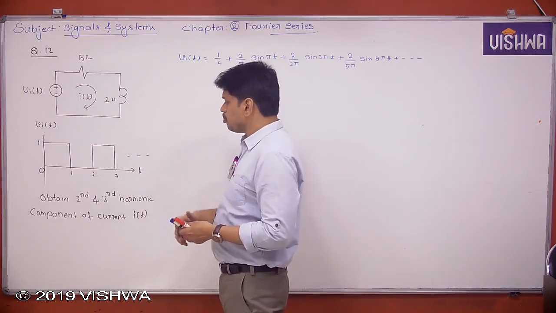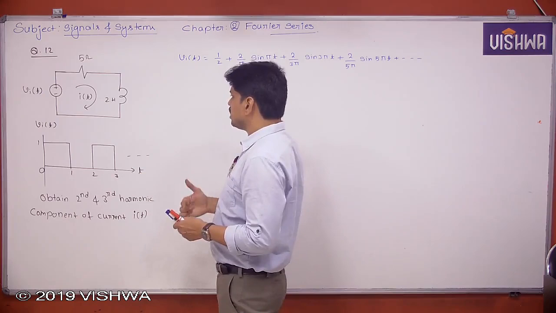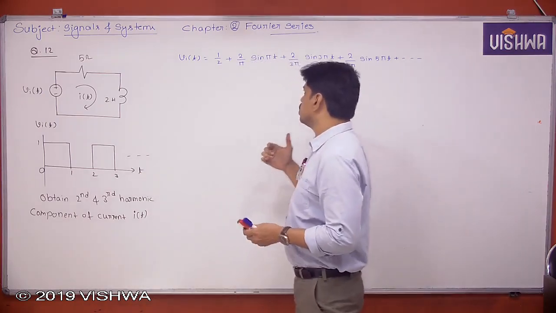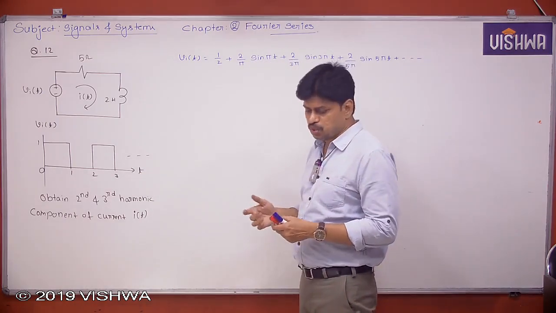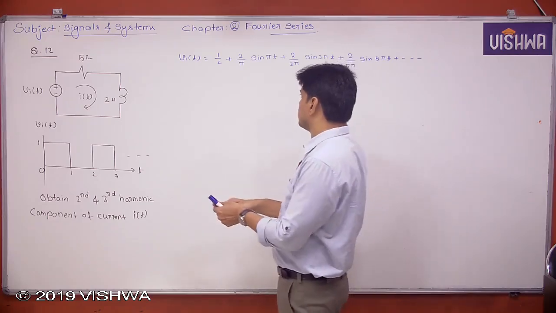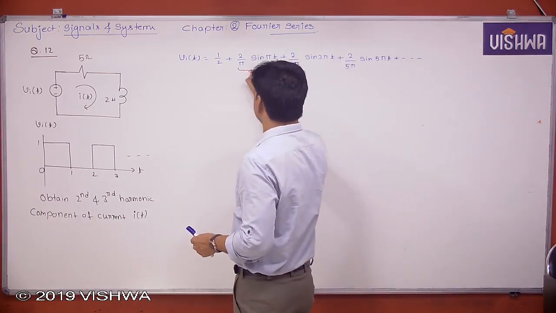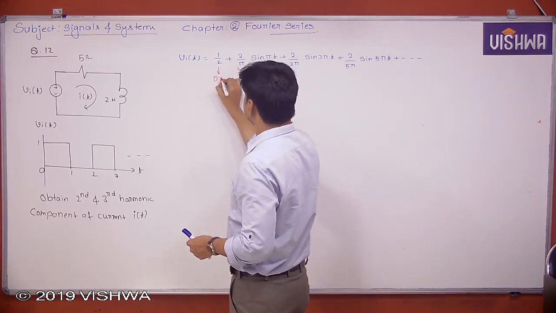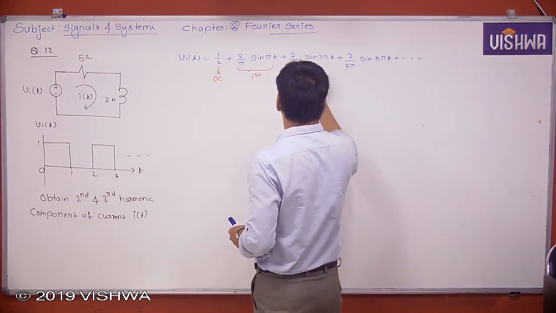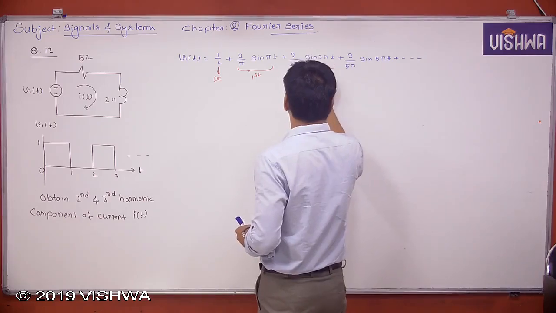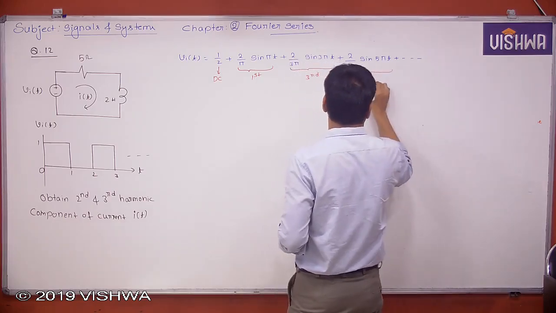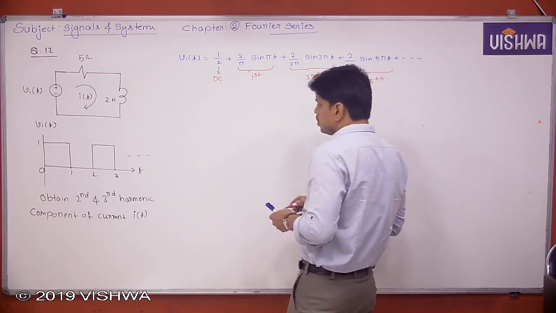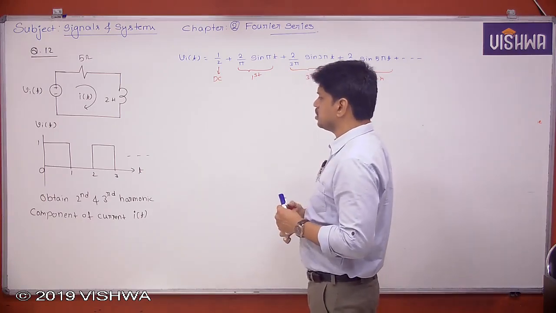Now they want to obtain the second harmonic current. So for that we require the second harmonic voltage. Do we have the second harmonic voltage? No, because it has only odd harmonics. This is DC, this is the first harmonic, this is the third harmonic, and this is the fifth harmonic. So the second harmonic current is going to be 0.